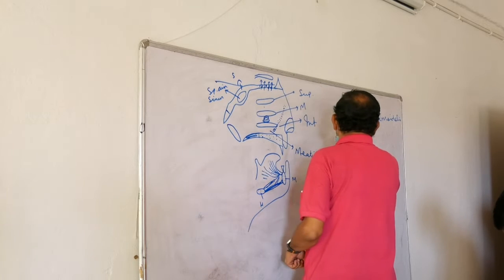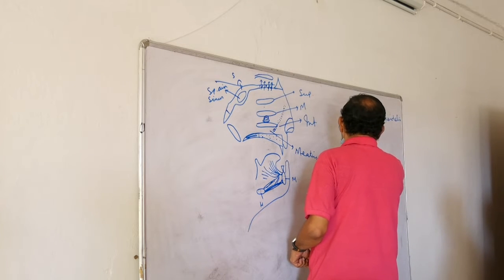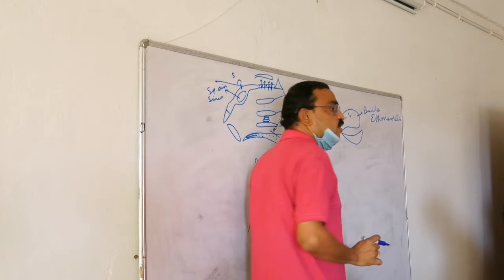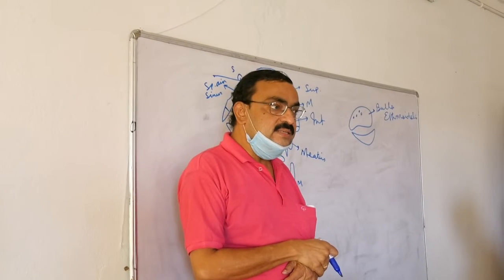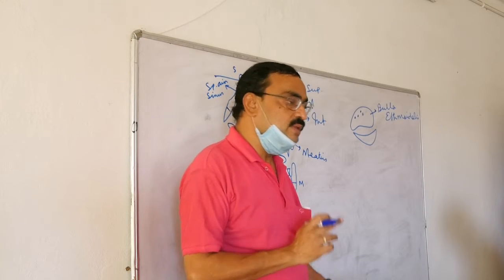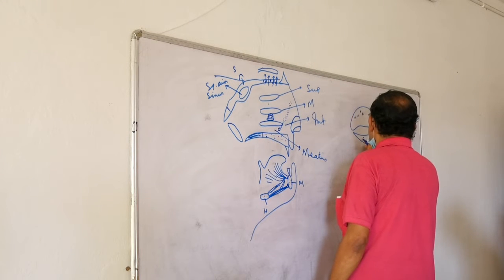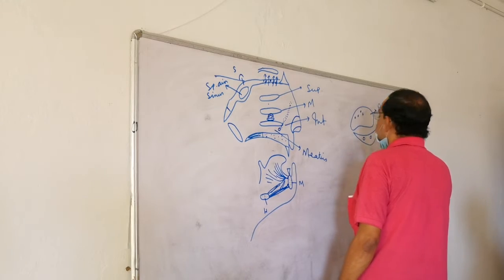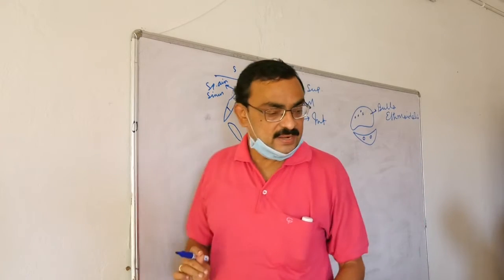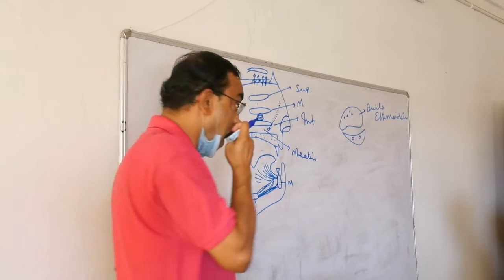And below, we can find a semilunar opening. This is called the hiatus semilunaris. Within the hiatus semilunaris, we will get two openings.